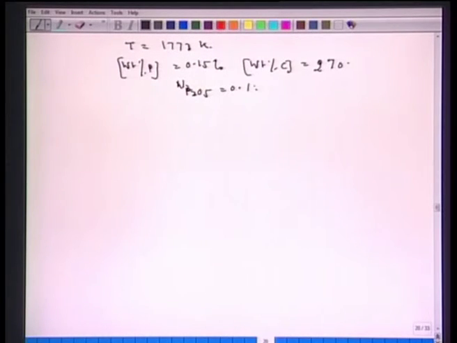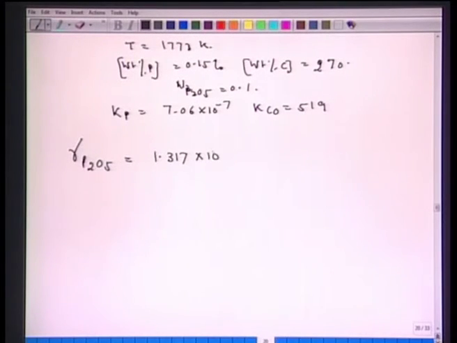Then I can calculate the value of Kp, that is equal to 7.06 into 10 to the power minus 7. I calculate the value of KCO as 519. Now I substitute all these values into this, and I will get gamma P2O5 equal to 1.317 into 10 to the power minus 22.